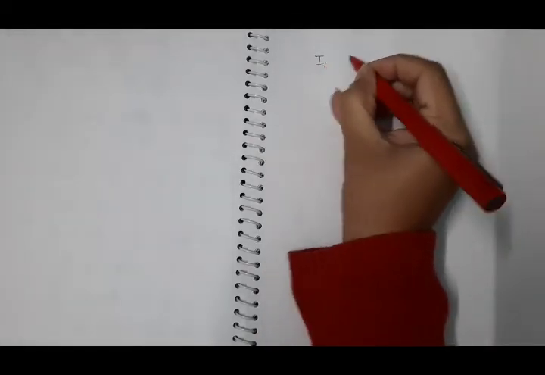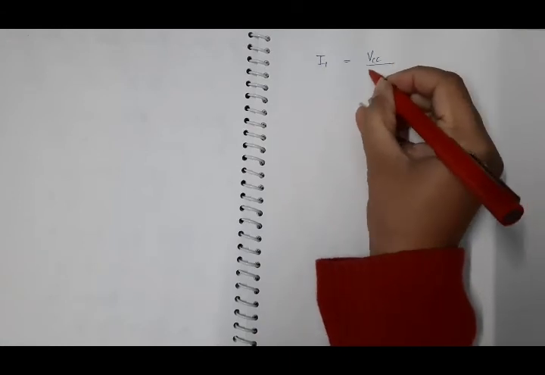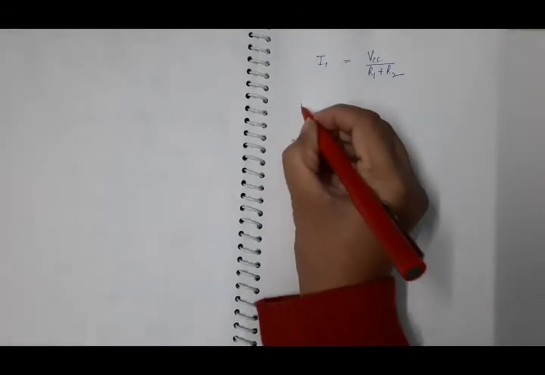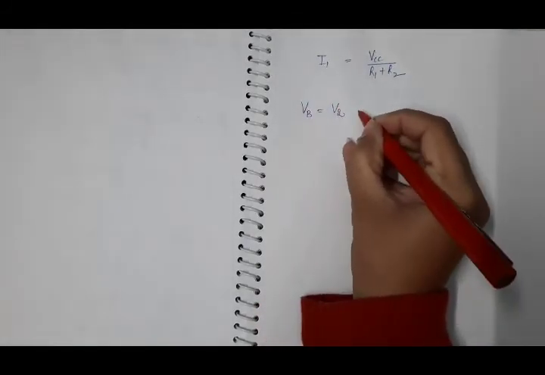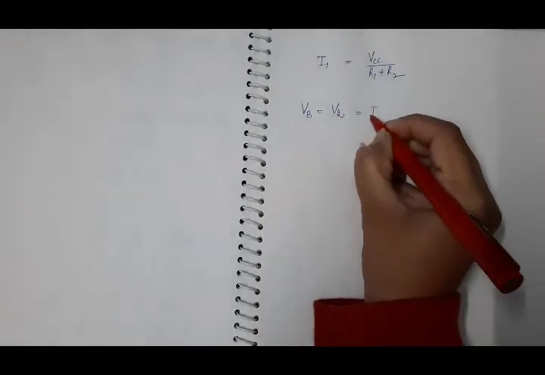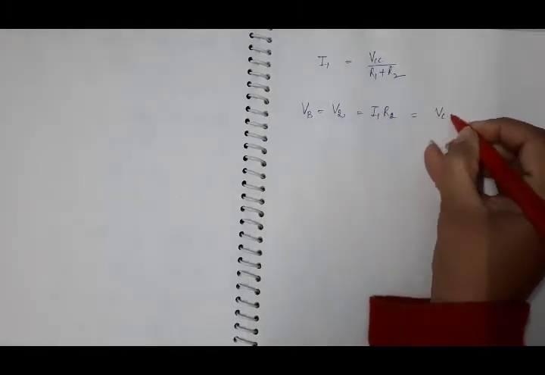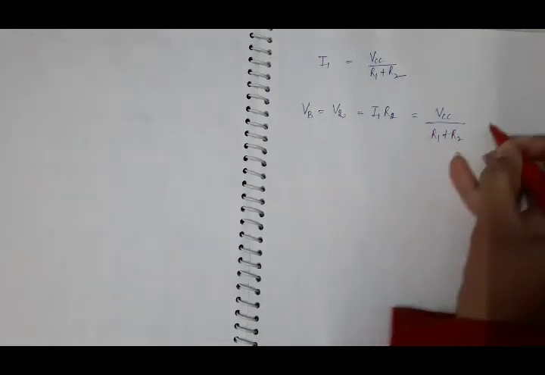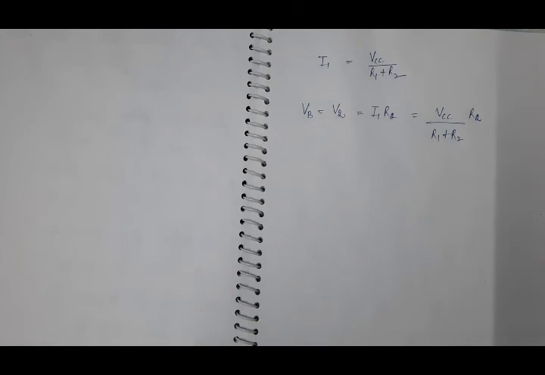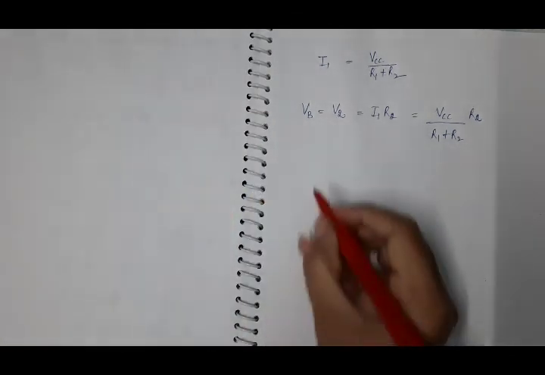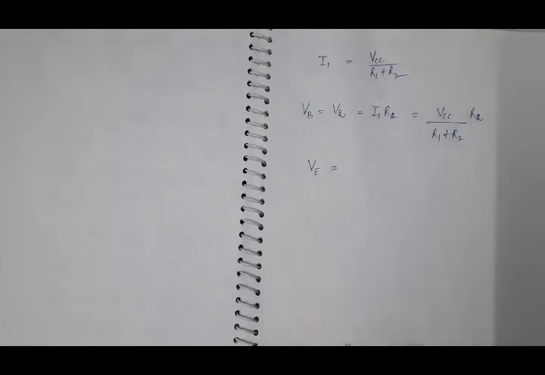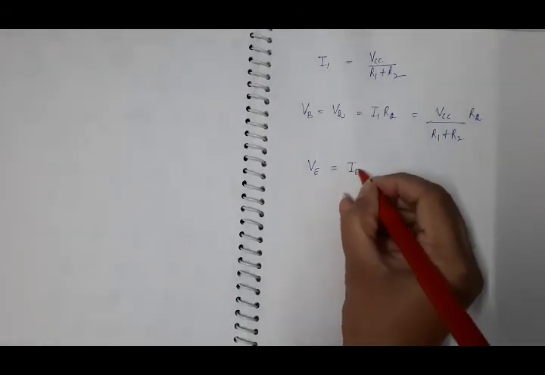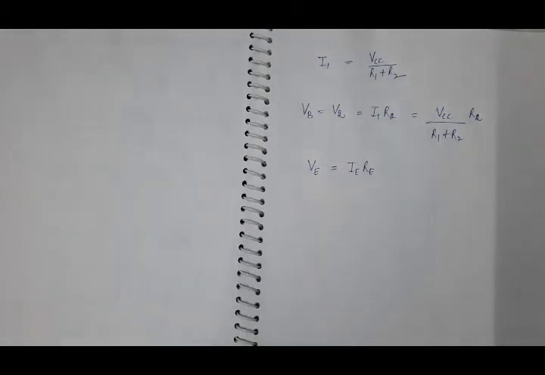We know that I1 is equal to VCC upon R1 plus R2. Then what will be the voltage across base? It is the voltage across resistance R2, which is I1 R2. I1 is VCC upon R1 plus R2, into R2. So we have calculated VB. And what is VE? It is the voltage drop across RE, equal to IE RE.